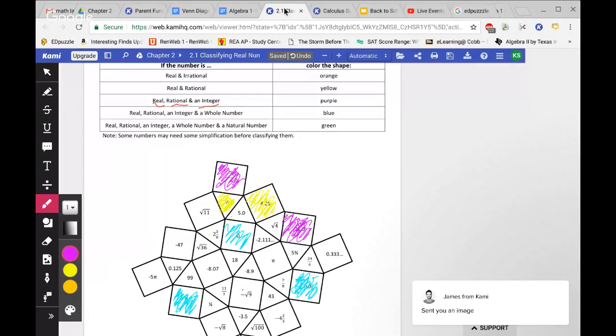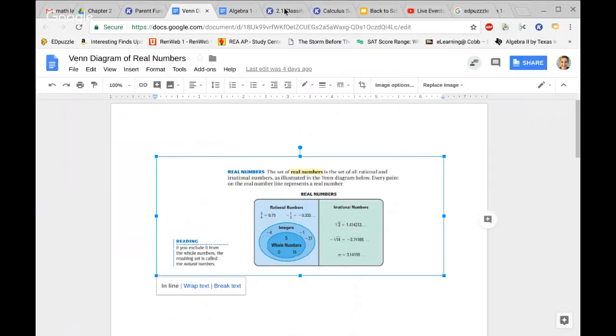Now, the square root of 4, I need to take it to its lowest form. What is the square root of 4? It's 2. Well, 2 is a whole number. It's an integer, so it's rational and real. Once you start inside that smaller subset of numbers, like whole numbers, then you know it's an integer, a rational number, and a real number.